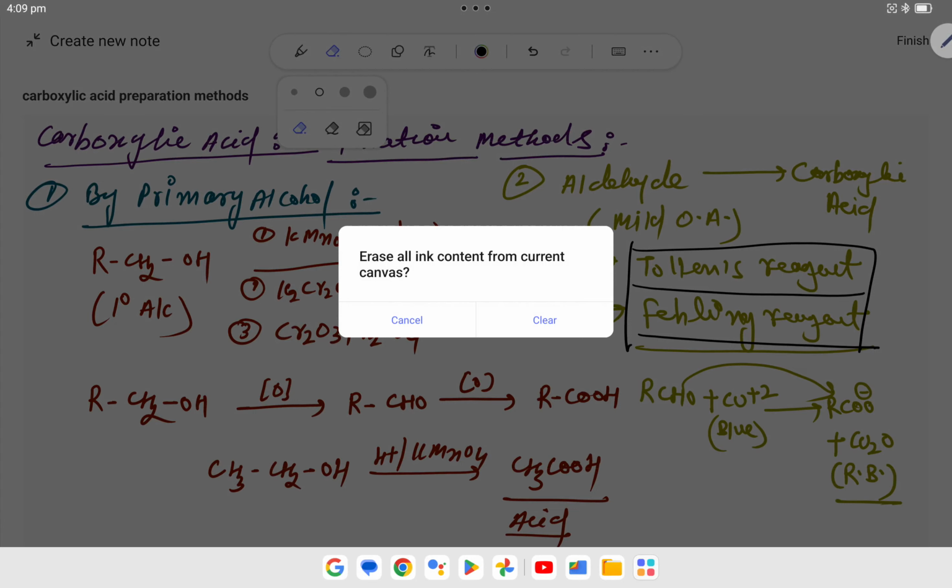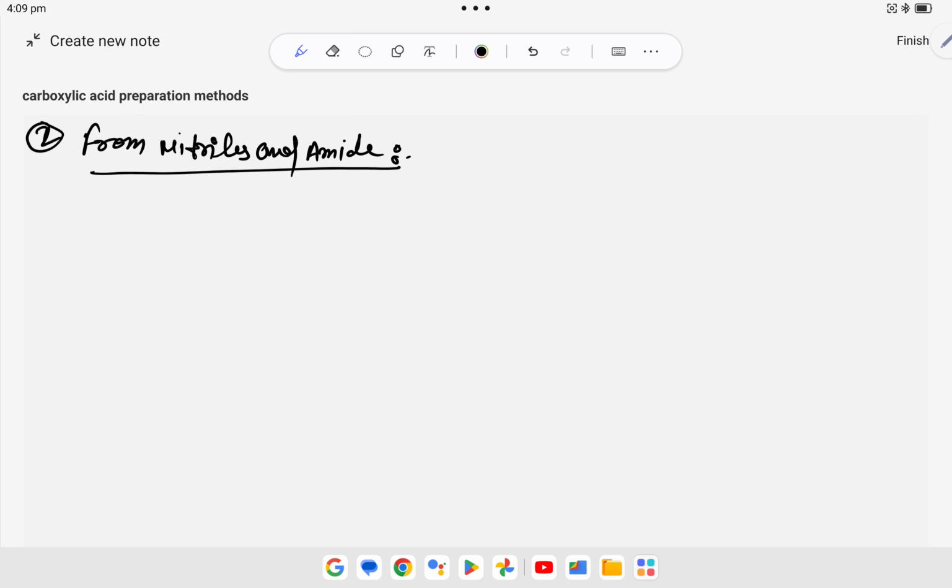Next preparation method, third, from nitriles and amide. At the same time both methods, from nitriles and amide, we will discuss, because amide is the intermediate.